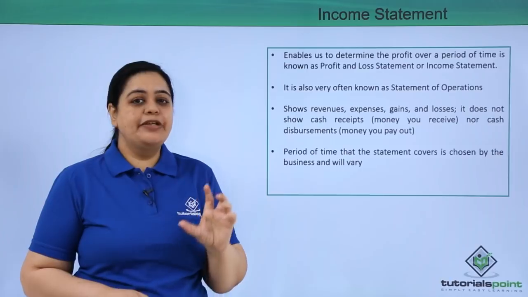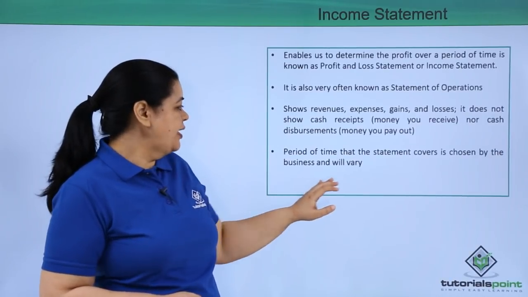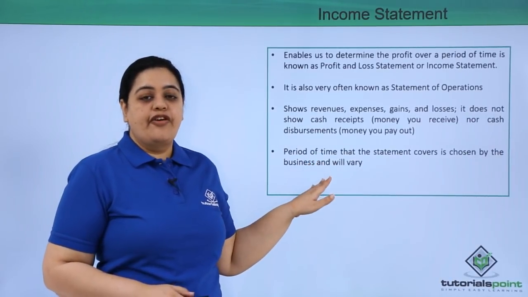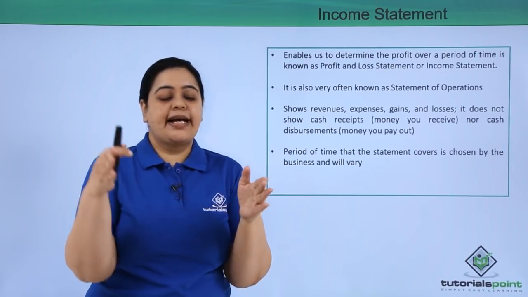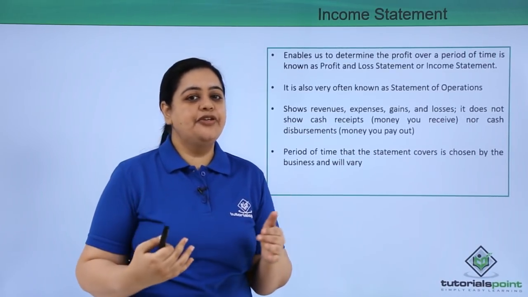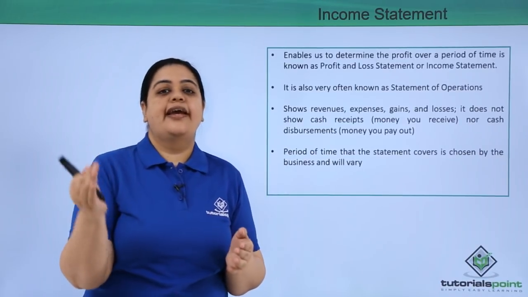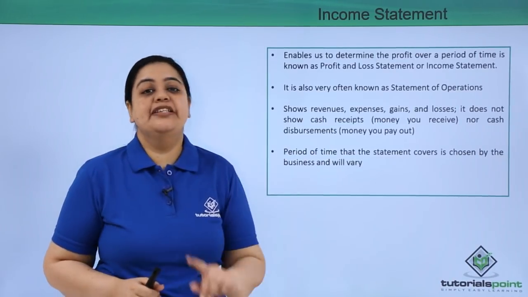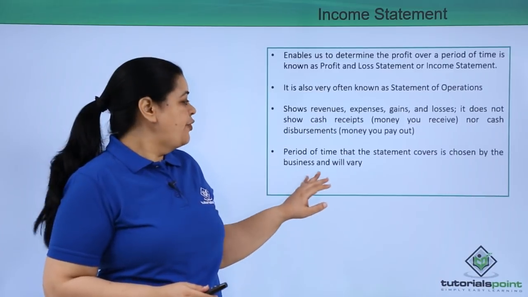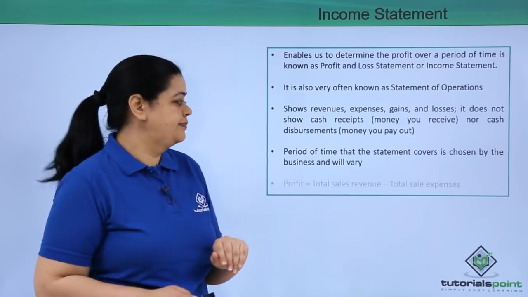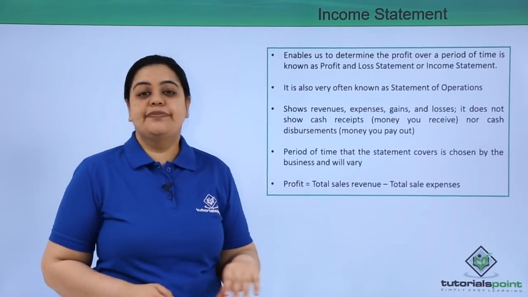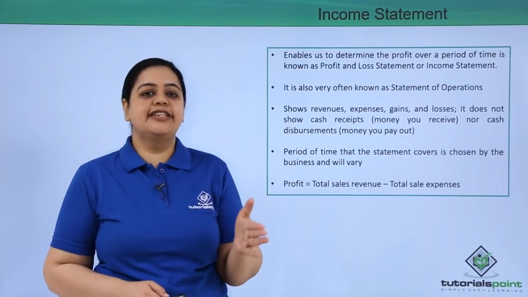Now I gave you an example, accounting period. Remember, for every business this will vary. In India we follow this April to March. If you go to the US, the accounting period is January to December. So for every business this period of time differs. Now, what is profit in the income statement?